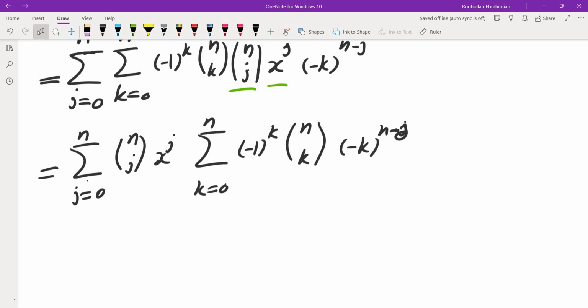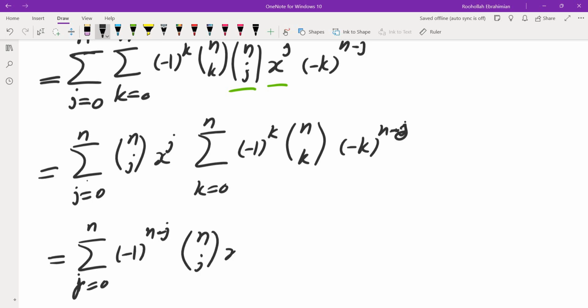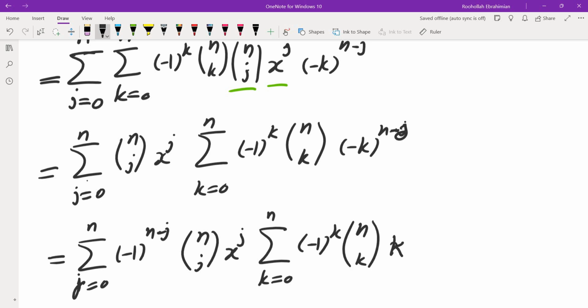Okay, so the negative 1 to the power of n minus j can also be taken out. So we get the sum j equals 0 to n, negative 1 to the power of n minus j, n choose j, x to the j, times the sum k equals 0 to n, negative 1 to the power of k, n choose k, k to the power of n minus j.